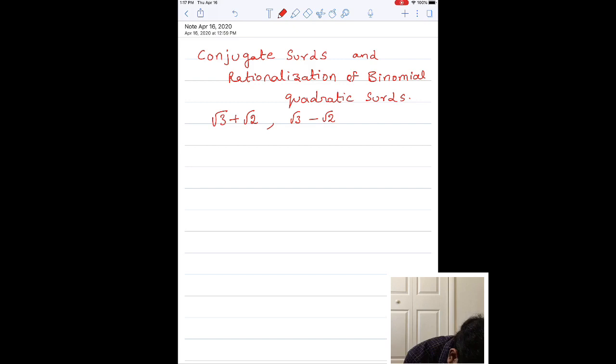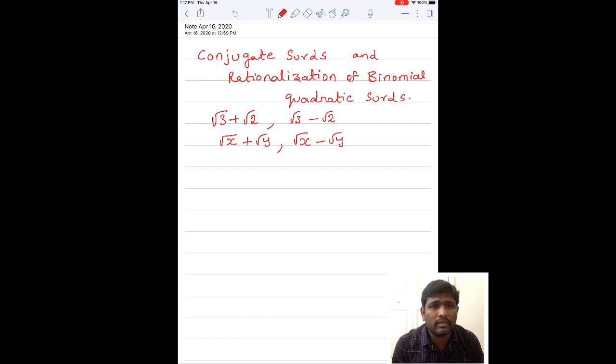So as a general example, we will take root x plus root y. Let us suppose these two are simple surds, and if you subtract them, this is also a simple surd. So these two are called conjugate surds.